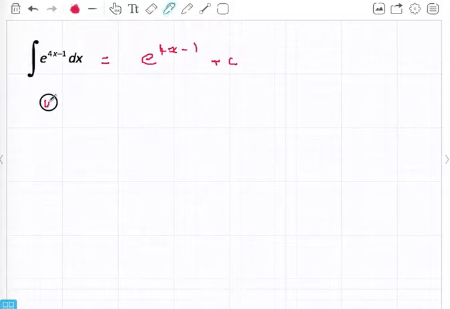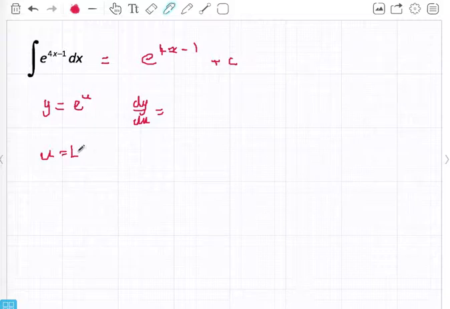Now to differentiate it, you need a very good knowledge of the chain rule. And this is why I also encourage students to use the chain rule a lot with their differentiation. So I'm making y equal e to the u, where u is 4x minus 1.